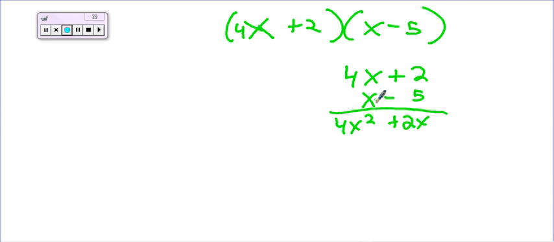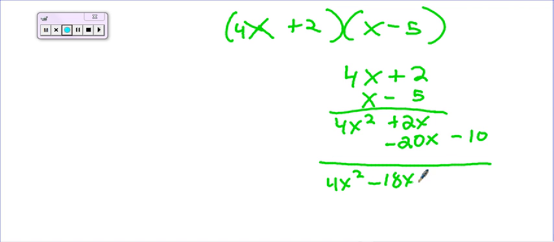Now, for the next part: 4x times negative 5. Positive or negative? Notice I'm going to write it right here. Why did I write it right there? Like terms. Okay, good. And then 2 times negative 5, so negative 10 off to the side.